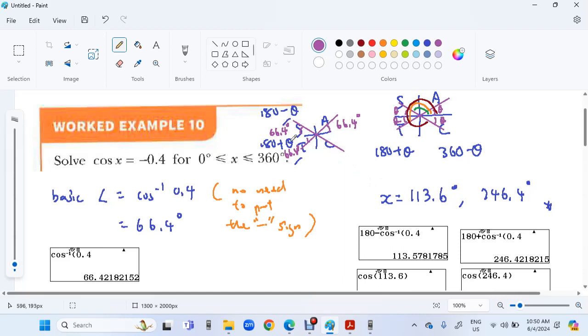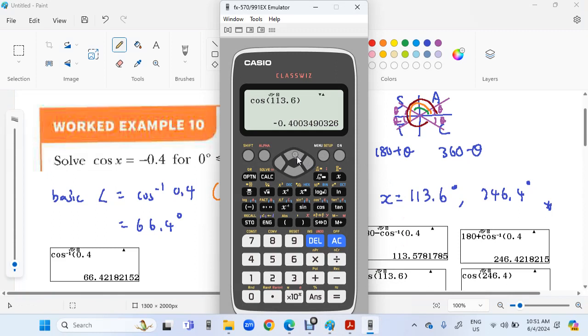Since we know it is in the second and third quadrants, this one is 113.6 degrees, and this third quadrant is 246.4 degrees.